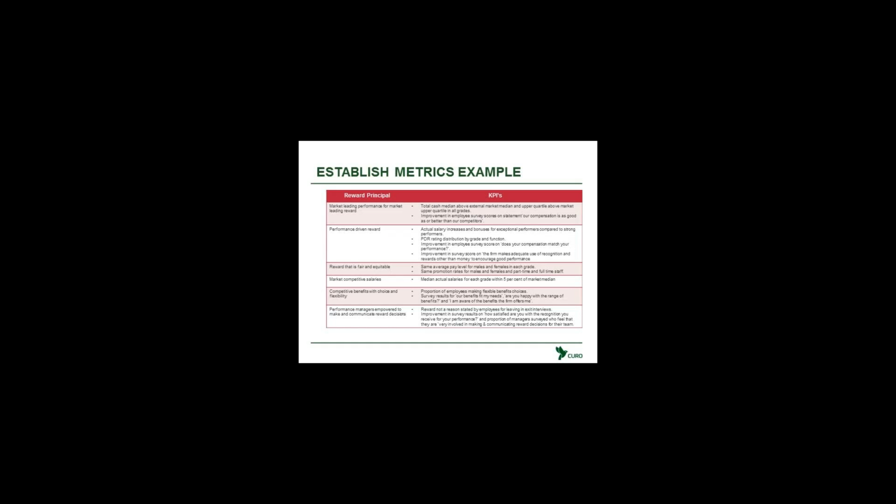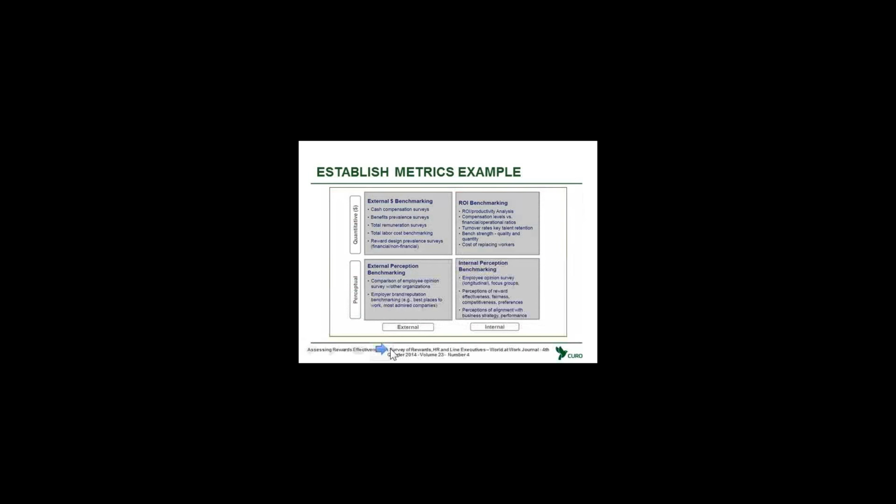Some of them are metrics, some of them are the analytics that you're probably already doing today. But also, they were looking at external market data, but also looking at input from employees and managers as well through engagement surveys or through specific surveys on how reward was being received in the organization. So it's a combination of different metrics and approaches to gathering data.